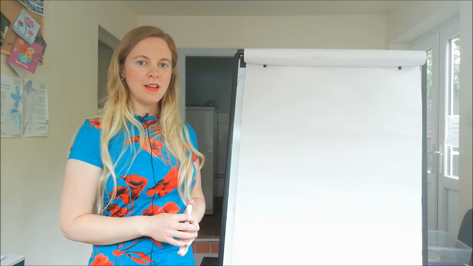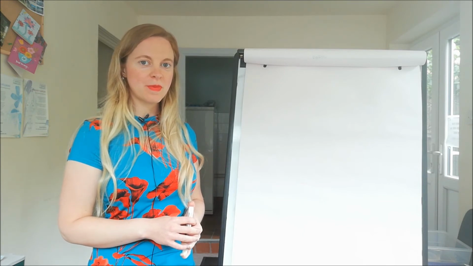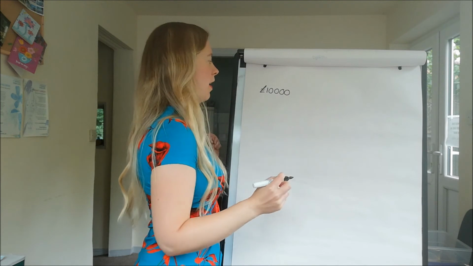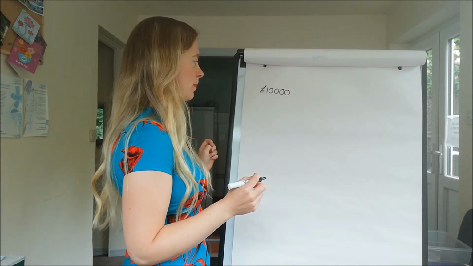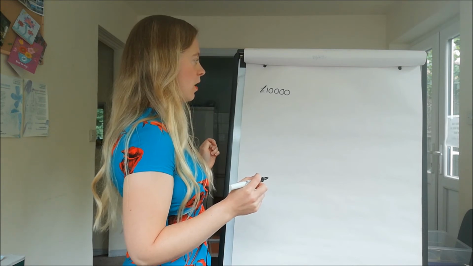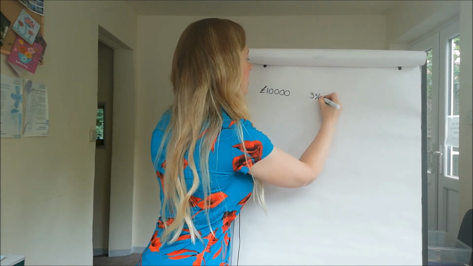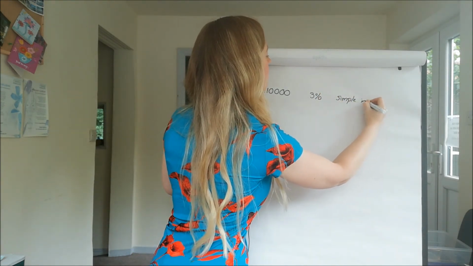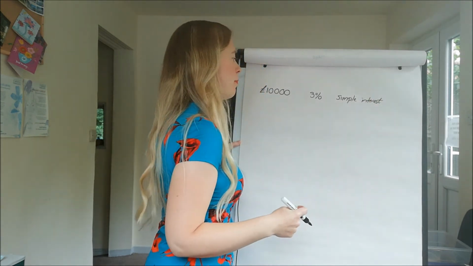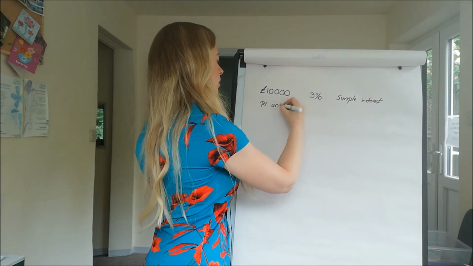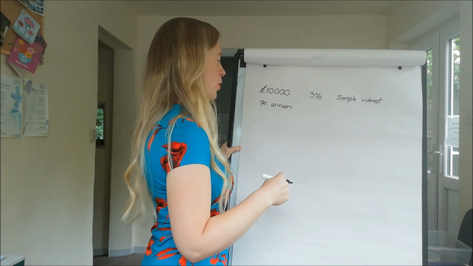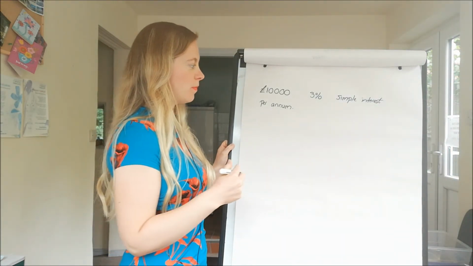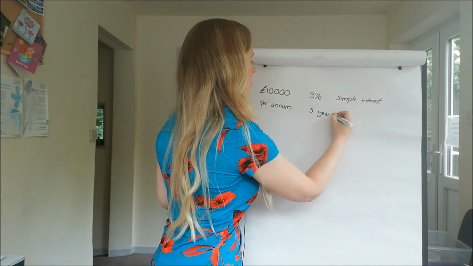E.g., £10,000 is invested into a savings account that pays 3% simple interest per annum, how much money will be in the savings account after 5 years?